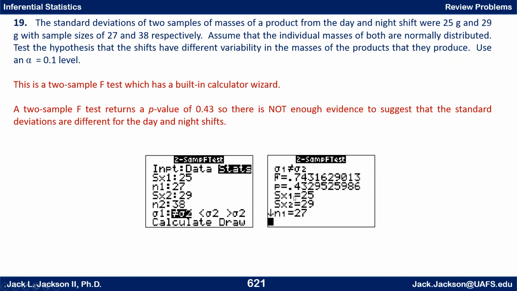Calculate, there's the F statistic and so forth, but the main thing is right there is the p-value, 0.43, so there's not enough evidence to suggest that the standard deviations are different for the day and the night shift. And that concludes this set of videos over these review problems.